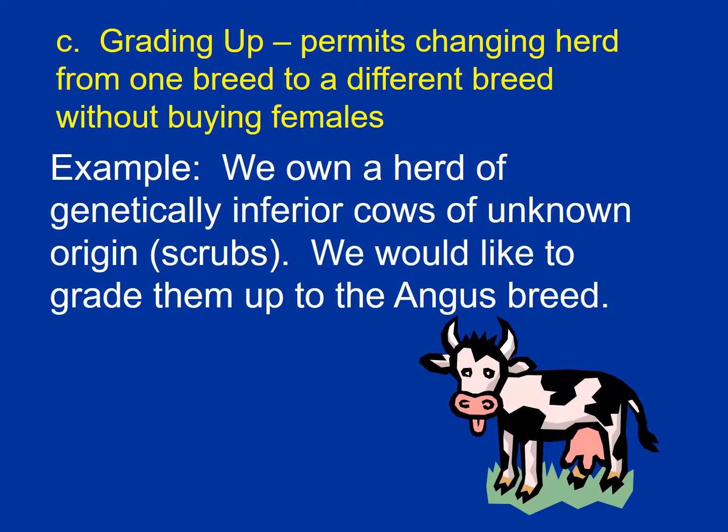One other crossing system with quite a different purpose is what's known as grading up. It prevents changing the herd from one breed to a totally different breed by buying females. So usually semen or buying a male is a lot cheaper than replacing females. So we'll use an example of beef cattle. Let's say that we inherited a group of inferior cows, all right?